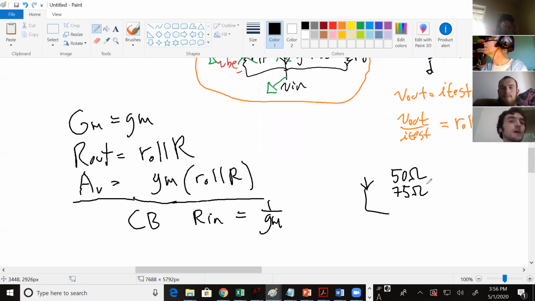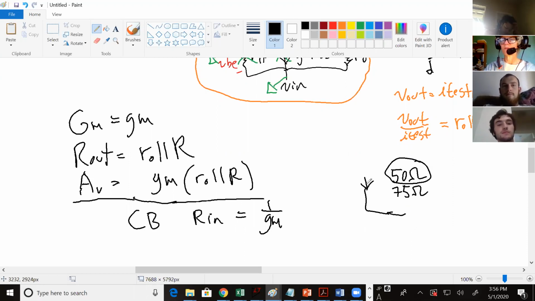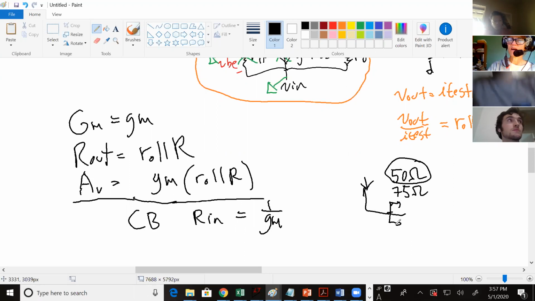And you've probably seen that in other devices too, where they have a 75 ohm or a 50 ohm output impedance. So let's say your boss says, I've got a 50 ohm impedance at the frequency I'm interested in. Zout equals 50 ohms.